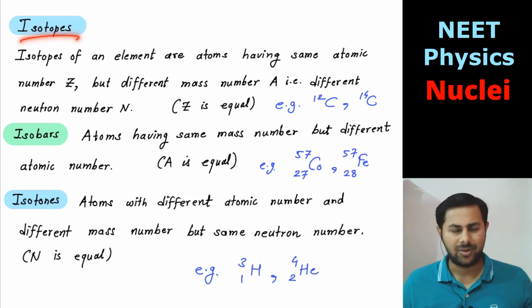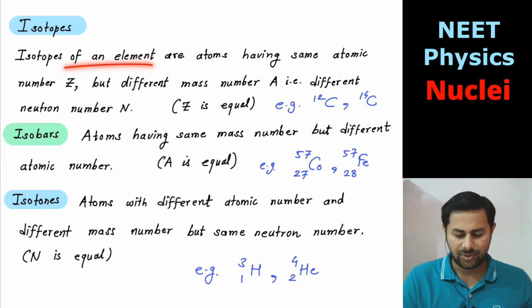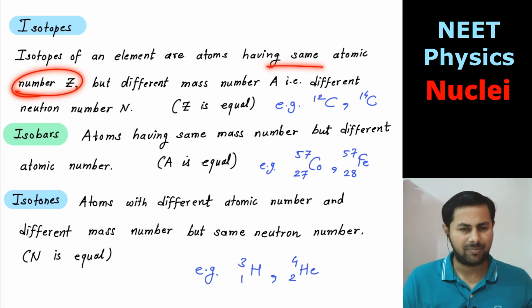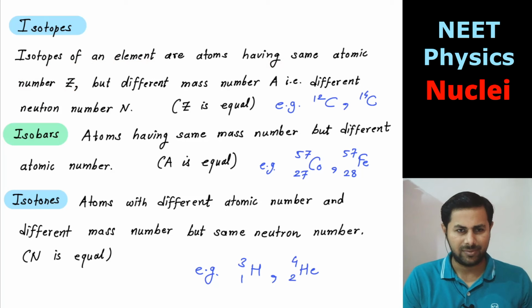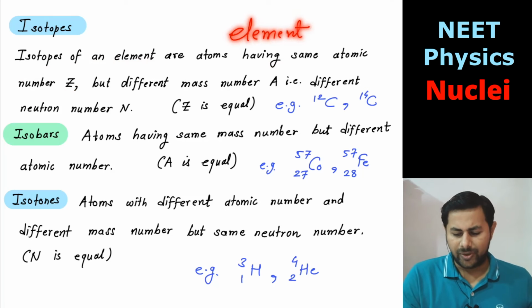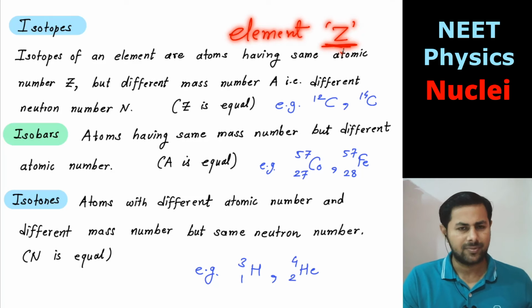Isotopes. Now what are isotopes? Isotopes of an element, you must have studied this in chemistry, are atoms having the same atomic number. An element is identified from the atomic number. So same atomic number but different mass number, that means A is different.